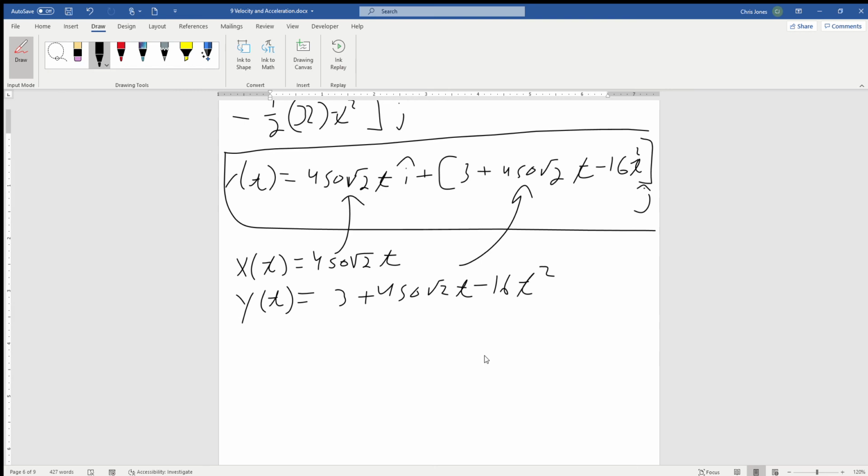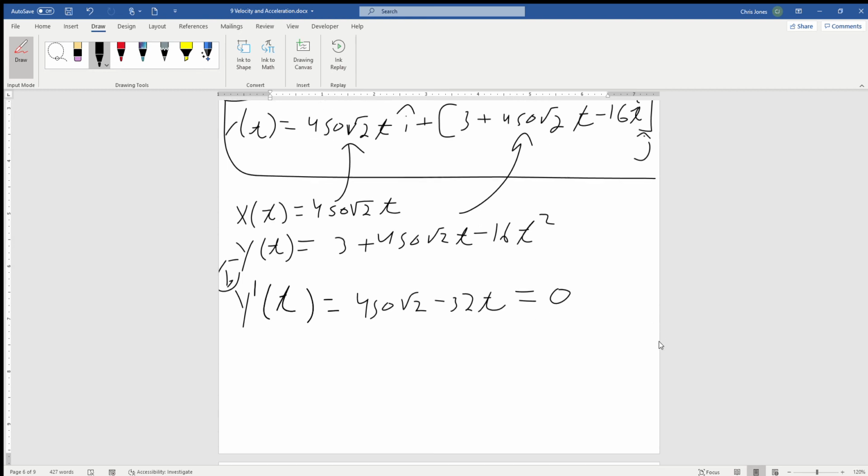All right, so height, remember, is defined by t, so now this is letter B, we're going to find y prime of t, and that's going to be 450 root 2 minus 32t, and its optimal value is the critical value, where that derivative is equal to 0.